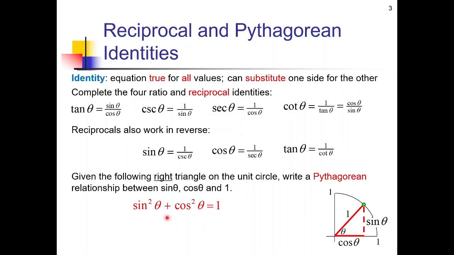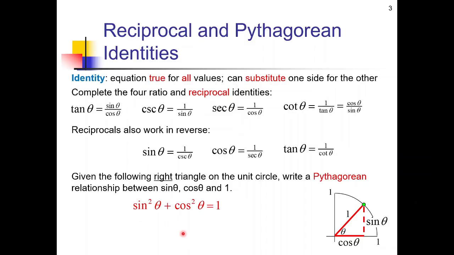So this is actually the first of three what are called Pythagorean identities. And just a quick note on notation, when we square a trig function, this is like having sine of theta and then multiplying it by another sine of theta. So like sine of theta in the parentheses being squared on the outside. But this is how we write it as kind of a shorthand for that.